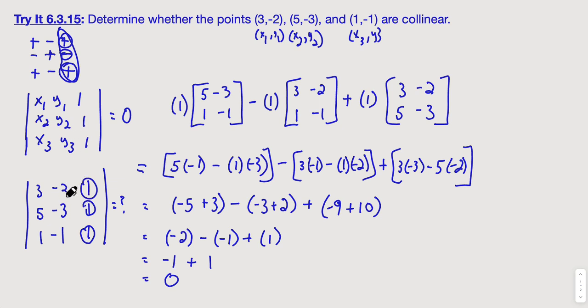So since the determinant of x1, y1, 1, x2, y2, 1, and x3, y3, 1 does equal 0, we can say that 3, negative 2, 5, negative 3, and 1, negative 1 are collinear.